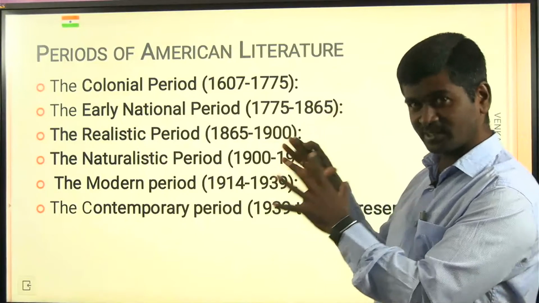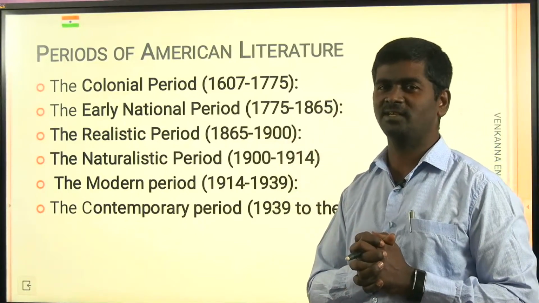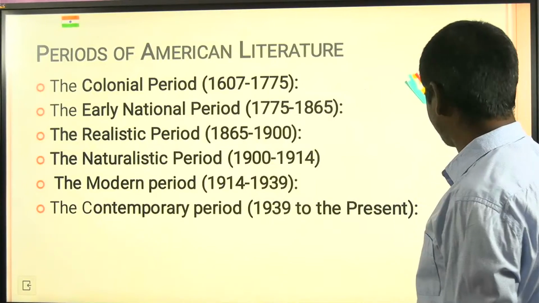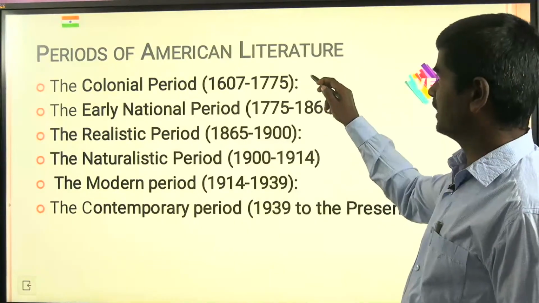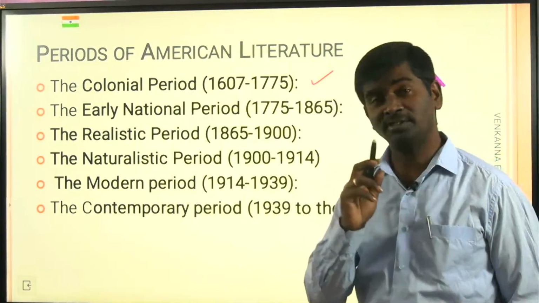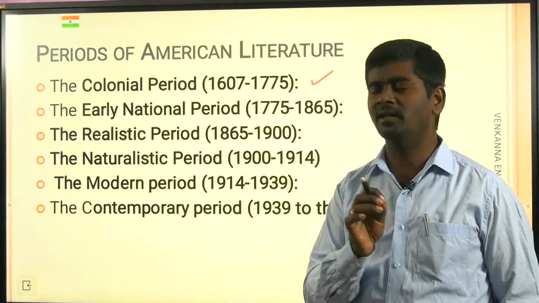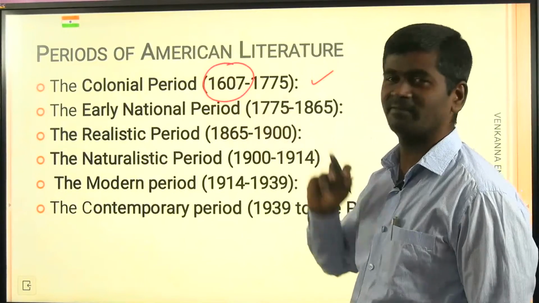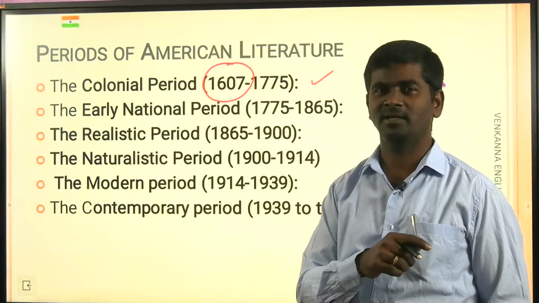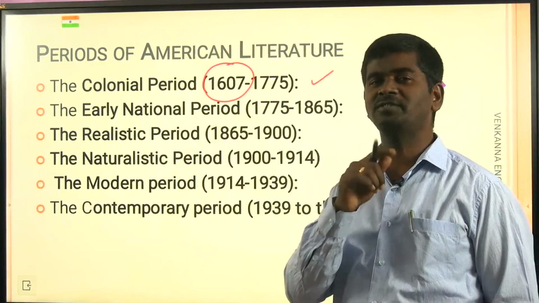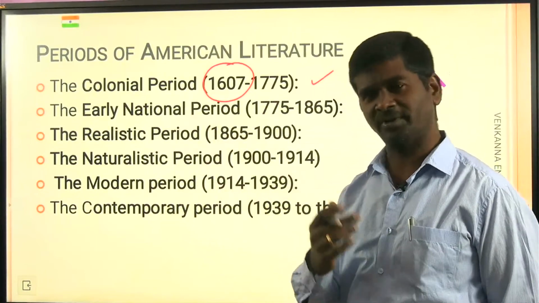So there are six major important periods of American literature, and the first one is the colonial period, 1607. The concept of American literature only began in the year 1607. This is very important, whereas English literature became popular only in 450 AD, as we have gone through.